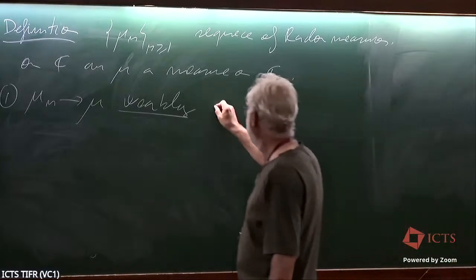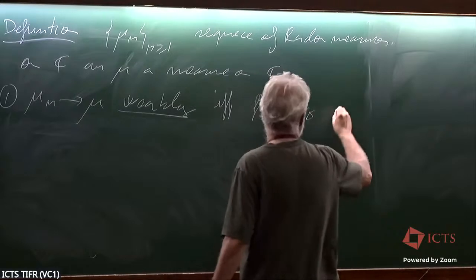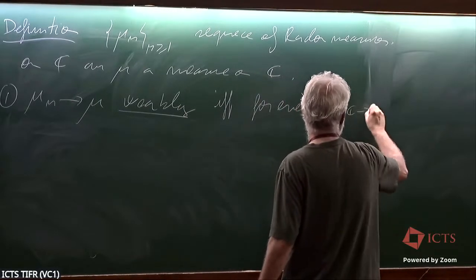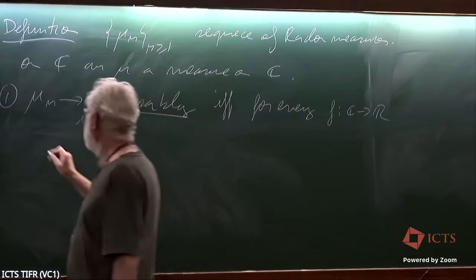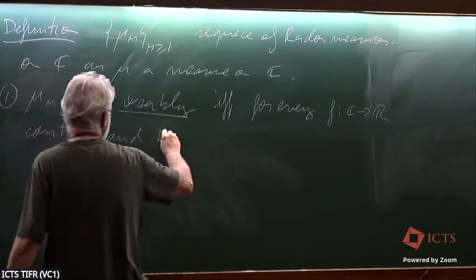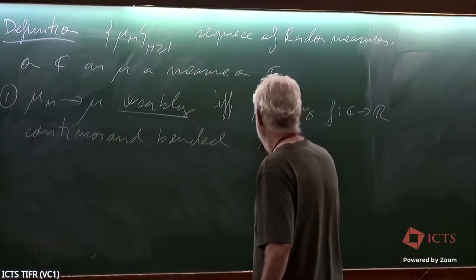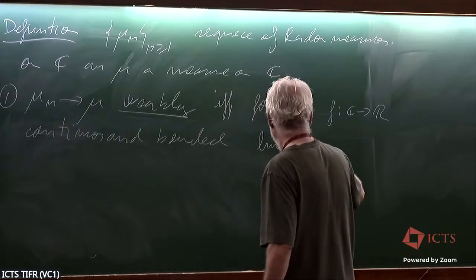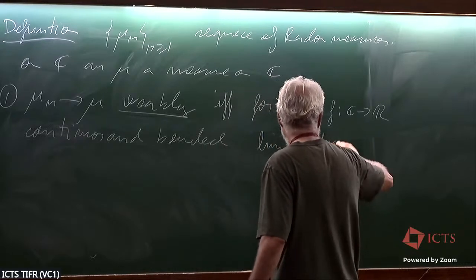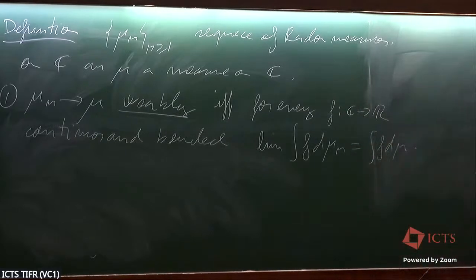If for every function f from C to R, continuous and bounded, I have that the limit of the integral of f d mu n is equal to the integral of f d mu.